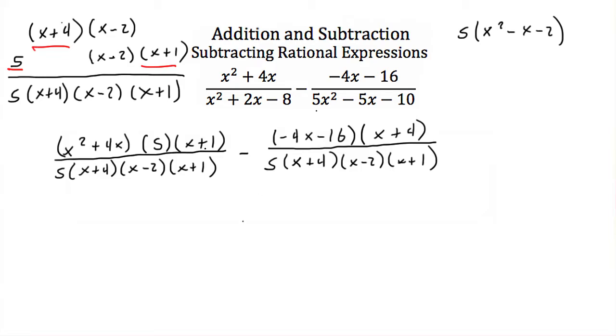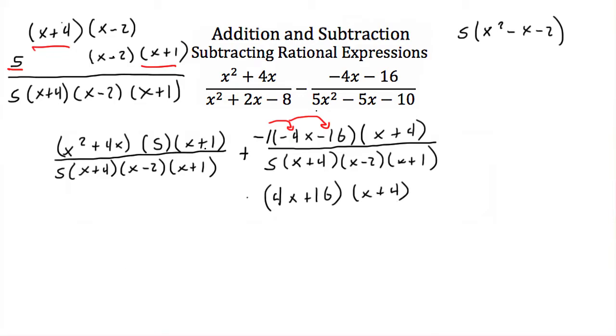So I have these two rational expressions now all over the same denominator, so I can just subtract them. But it's hard to subtract binomials and polynomials, so instead I'm going to add these two expressions, but I'm going to multiply my second numerator by negative 1. Then I'm going to distribute this negative 1 inside, and this second term will become 4x plus 16 times x plus 4.